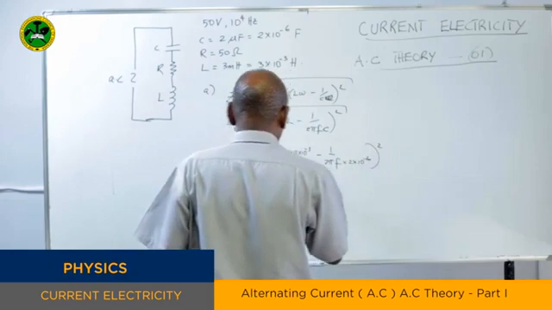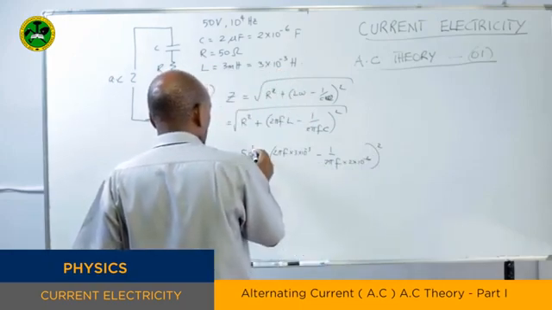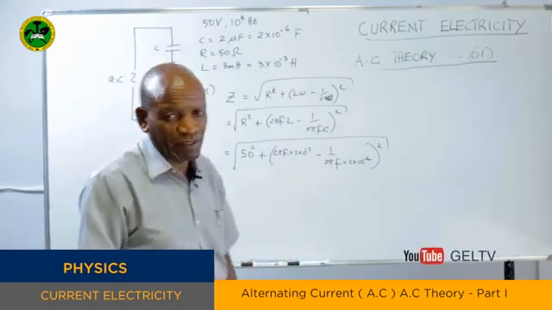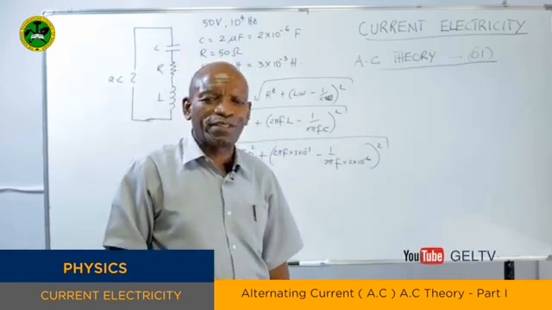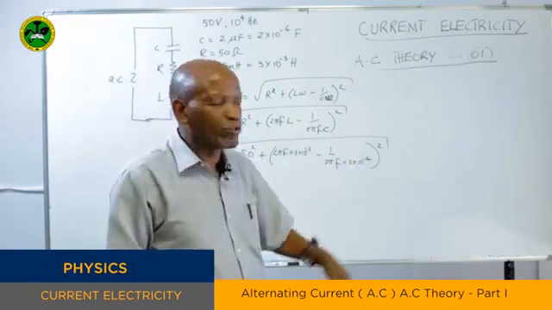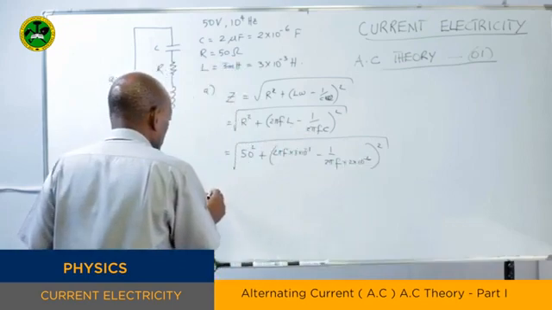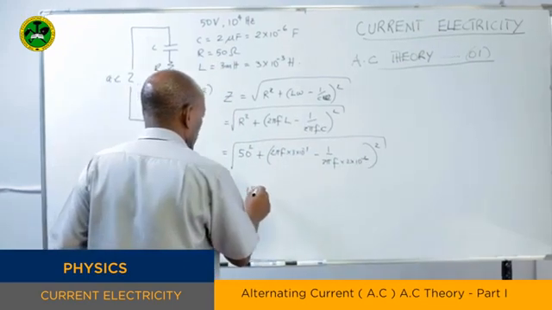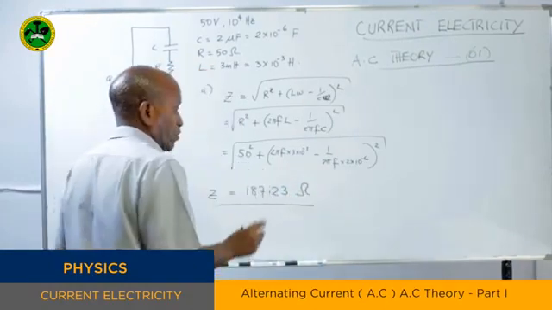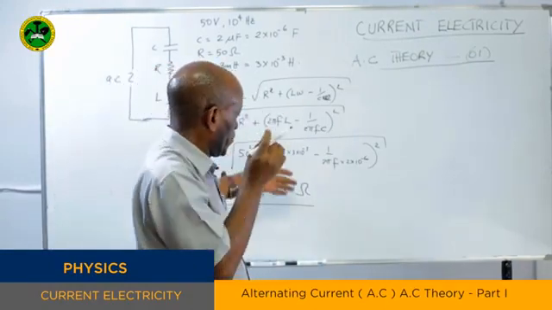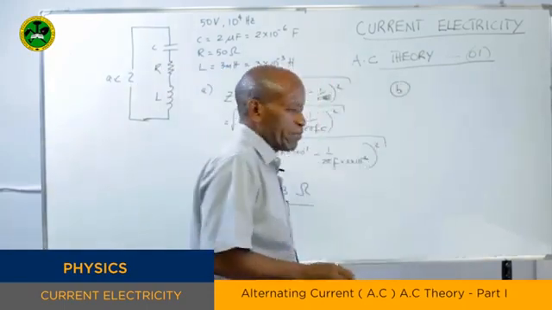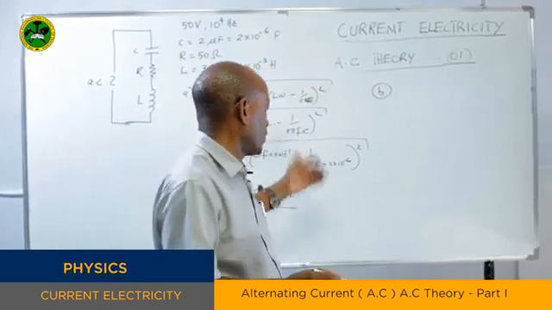The whole of this we square, plus 50 squared, and finally we determine the square root. From there, this is just arithmetic which I believe you can substitute and get the total impedance, which is equal to 187.23 ohms. This is for part A, because what you do here is just arithmetic, which you can do comfortably by substituting and calculating the square root.